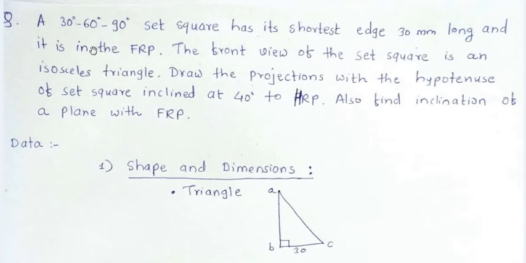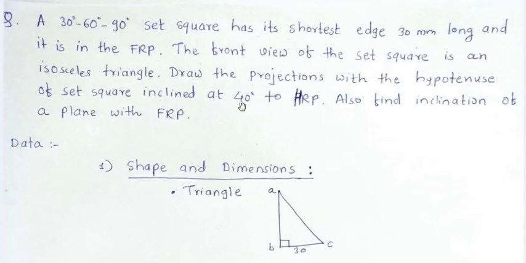The front view of the set square is an isosceles triangle. Draw the projections with the hypotenuse of the set square inclined at 40 degrees to HRP. So here there is a reference to HRP, so this will form the condition with respect to HRP.